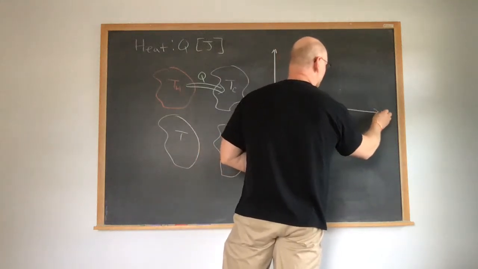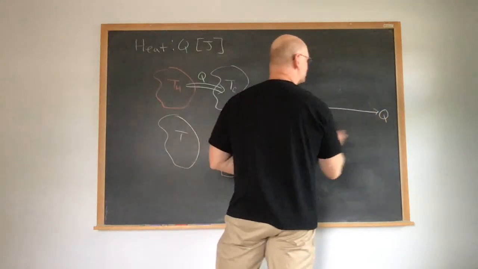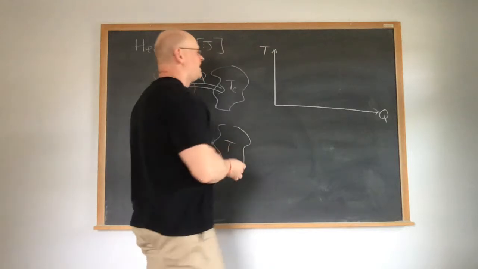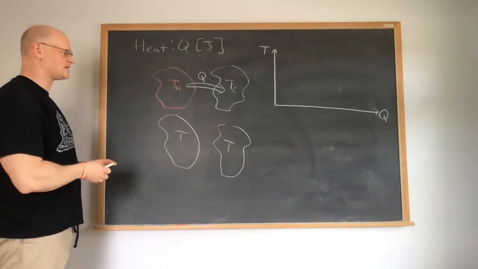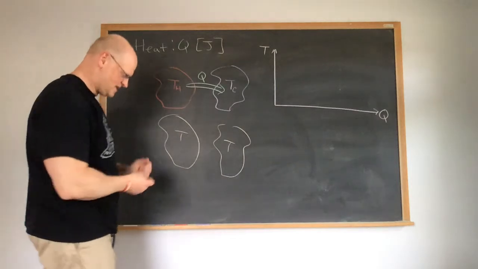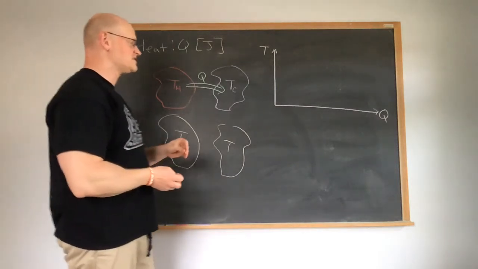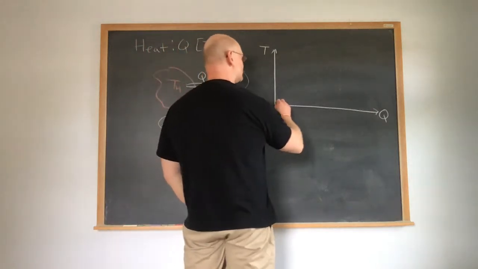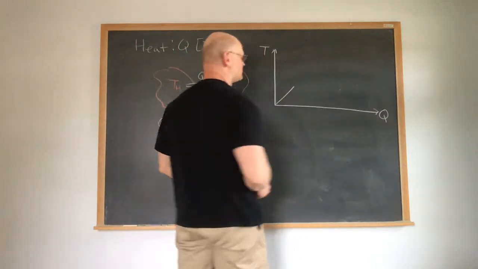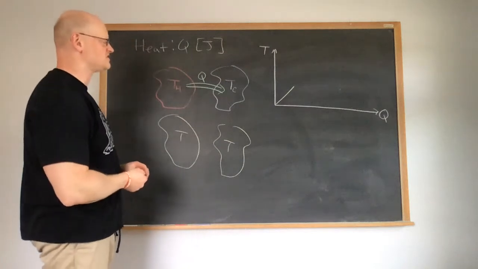What happens is, if I'm adding heat to the system, let's look at the temperature of the system itself. Initially, if I start adding heat to the system, depending on where I start, there's typically a linear relationship between the heat flow and the change in temperature.